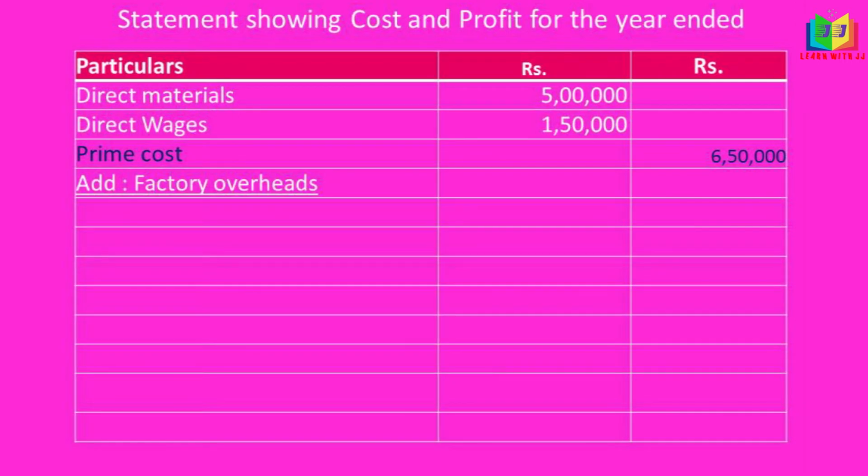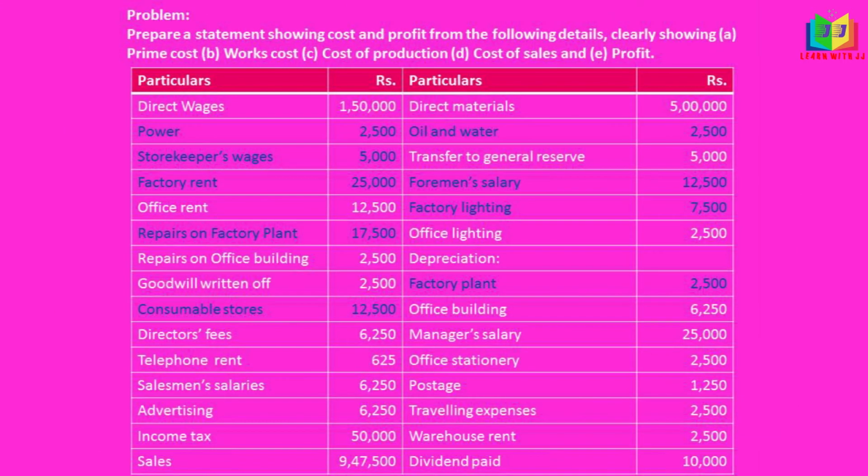Once we got the prime cost, we have to find what are the factory overheads in this problem. The factory overheads are power, storekeeper wages, factory rent. Office rent won't come here. Next, repairs on factory plant will come under factory overhead.